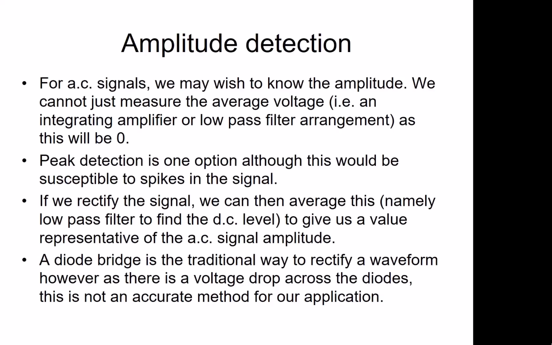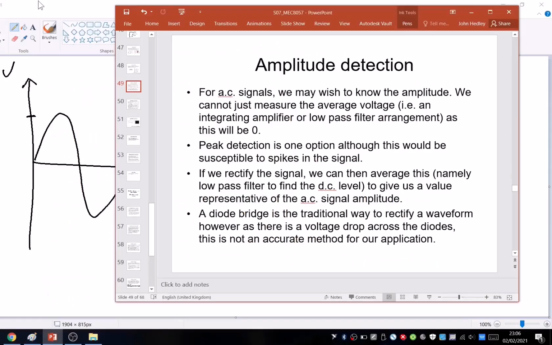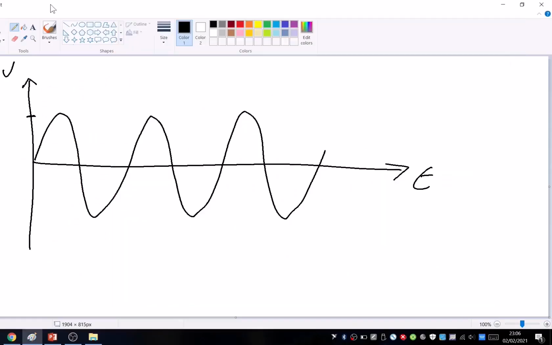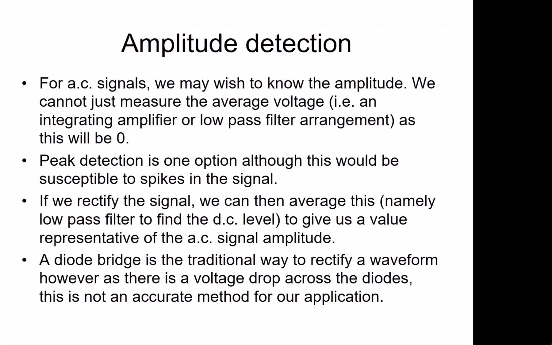We cannot measure the average, which we could otherwise measure using an integrating amplifier or low-pass filter. However, we don't have this option, because if you look at that signal, if you find the average of this, then that is just going to average to 0. So that is not an option. We could try peak detection.